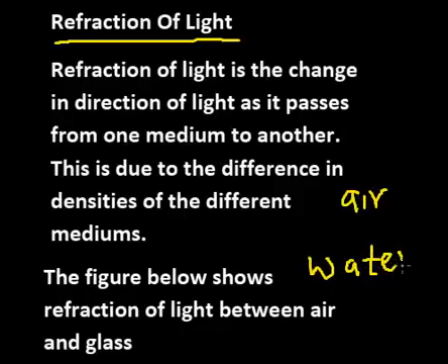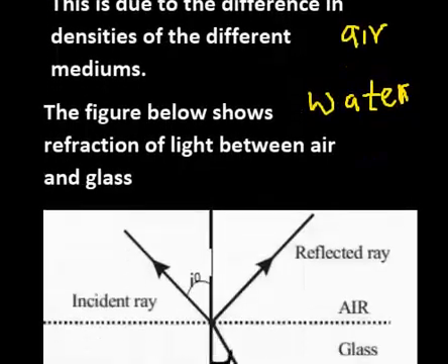Normally we are told, from the rectilinear propagation of light, that light travels in a straight line, and that is very true when the light is moving through the same medium. But once light moves from one medium to another, due to the difference in densities of the two mediums, the ray of light will definitely change direction, and that is the refraction of light.